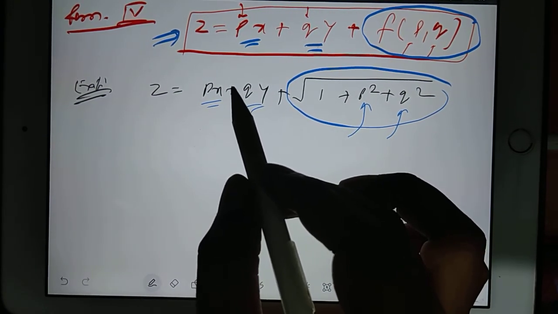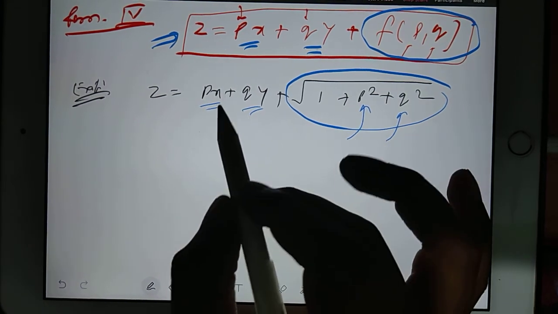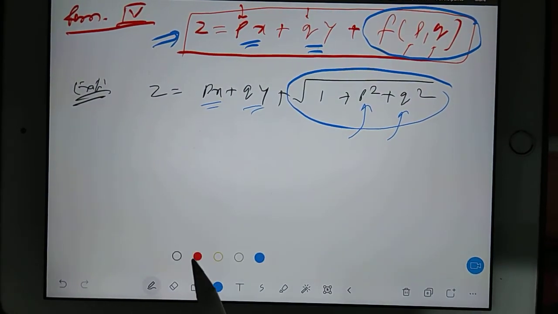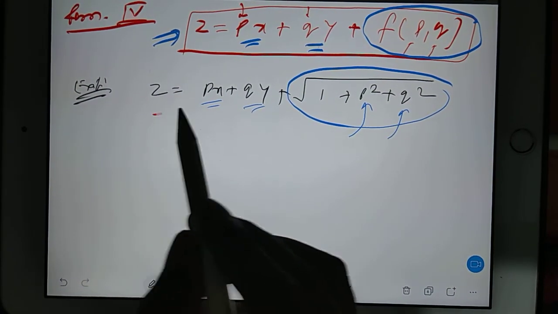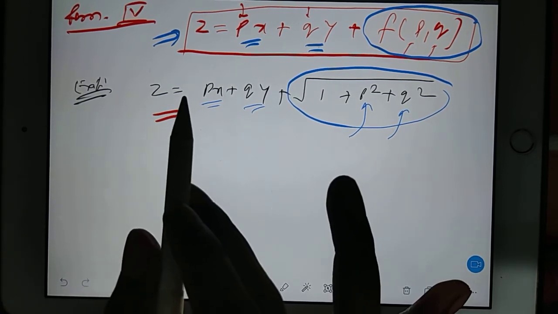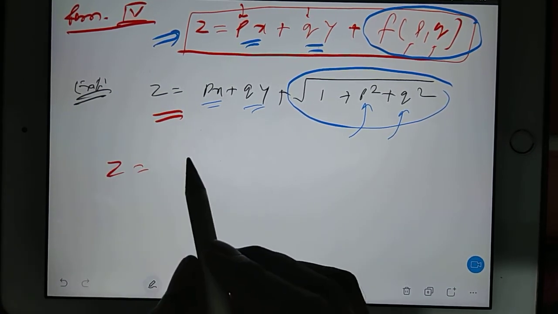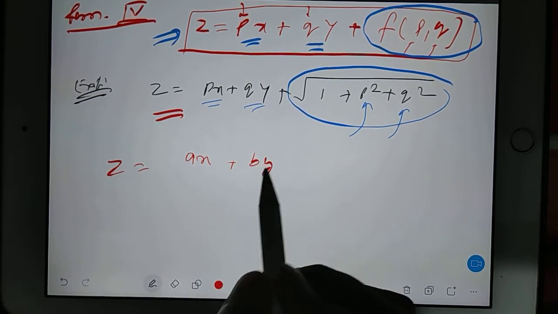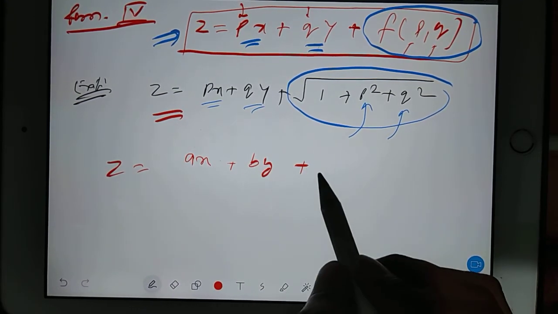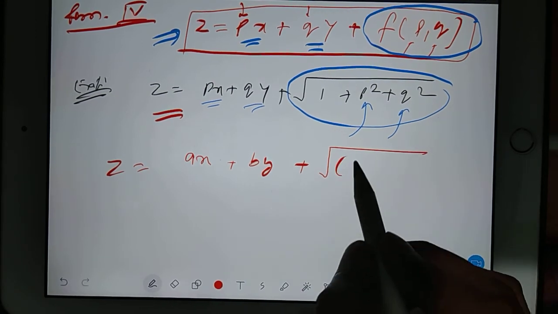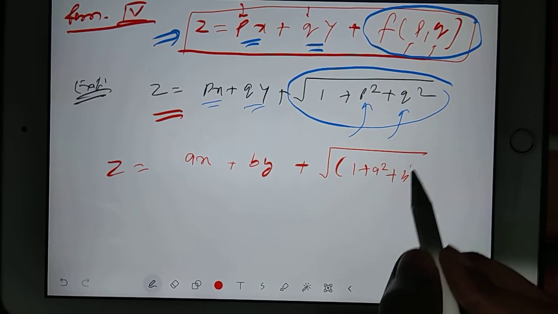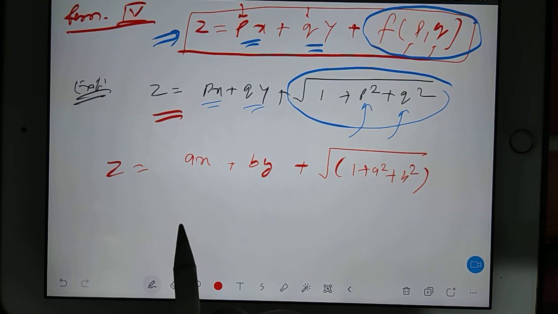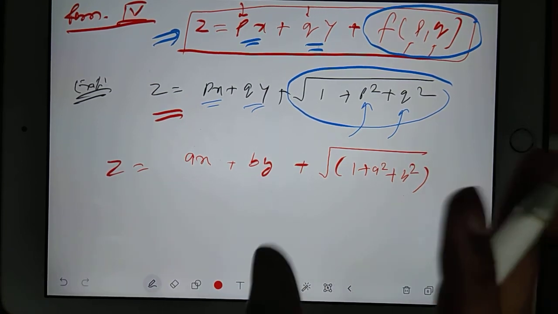This is the easiest one. Get my logic, how it is the easiest one. This total became the direct answer. z is equal to ax plus by plus under root 1 plus a square plus b square. Finish.